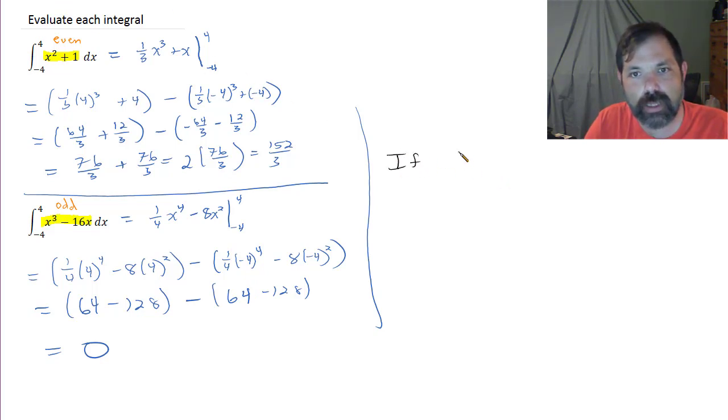If f is even, then the integral from negative a to a of f of x dx is twice the integral from 0 to a of f of x dx.